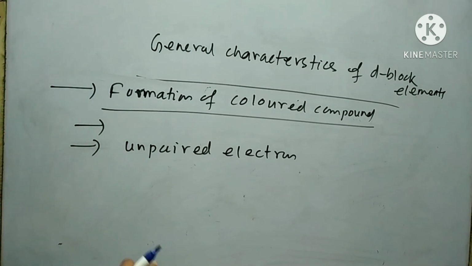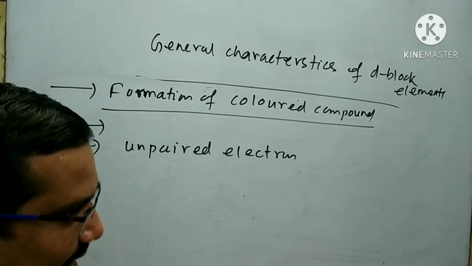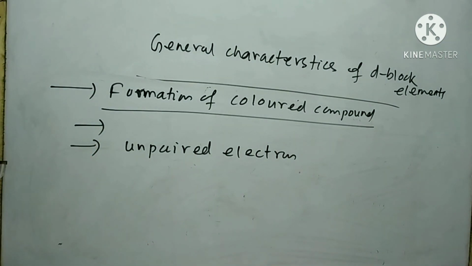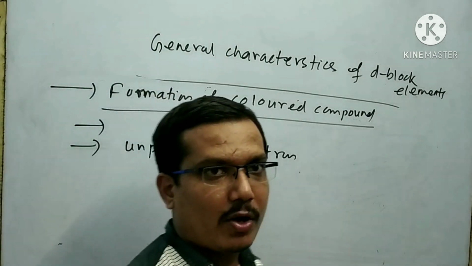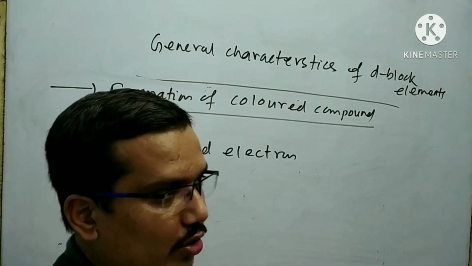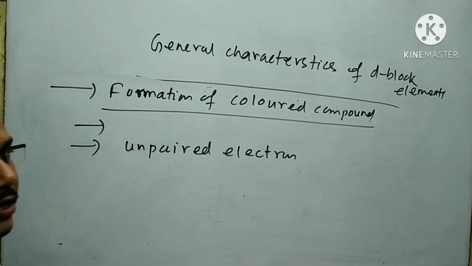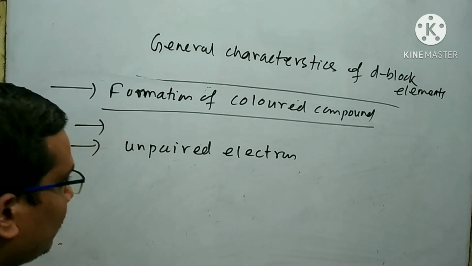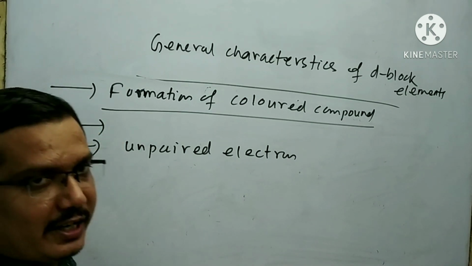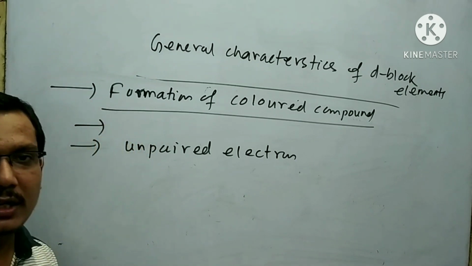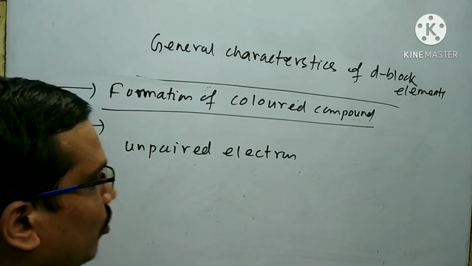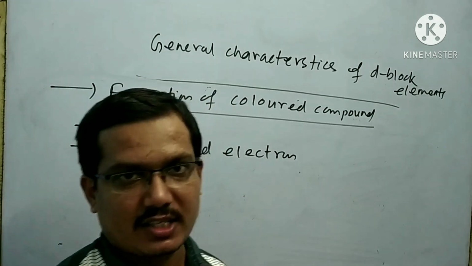When the electron comes from the higher to the lower state, that electron loses energy. This energy is lost in the form of light, which is responsible for the color of a complex compound. This is called d-d transition. That means the complex compound shows color due to d-d transition.